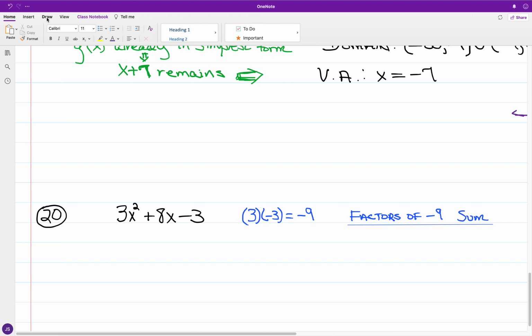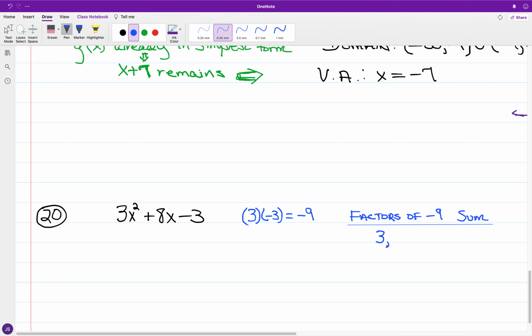We started out with 3 and negative 3, the first and last coefficients. If I multiply together, 3 times negative 3 is negative 9, and adding 3 plus negative 3 comes out to 0. But I want a positive 8 sum.